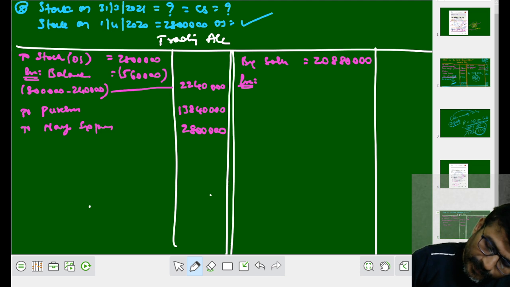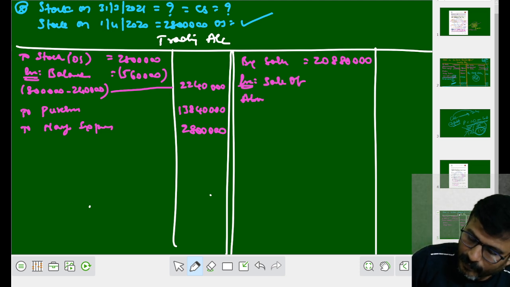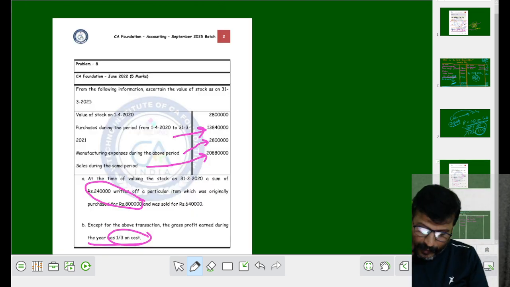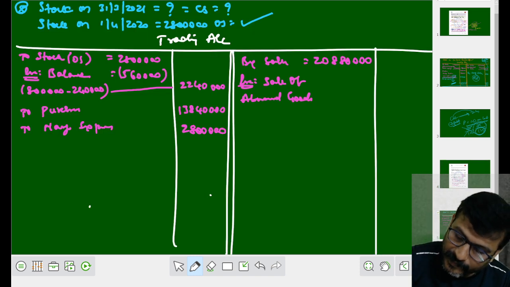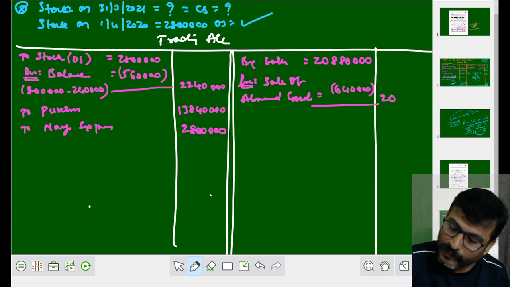Subtract what? Sale of abnormal goods. Abnormal goods are sold for how much? For rupees 6,40,000. Subtract 6,40,000. It comes to 2 crores 2,40,000.